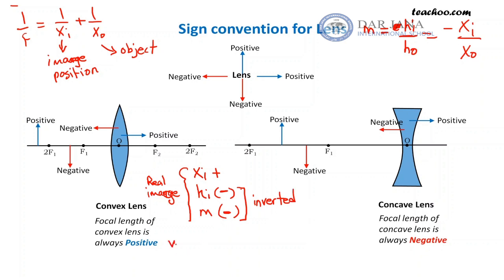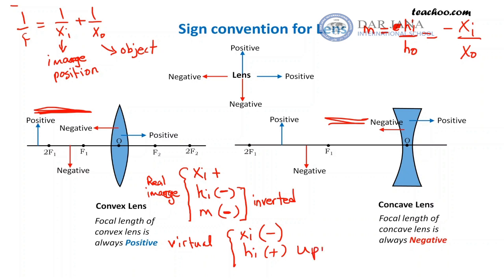Now the virtual image. xi should be negative. Negative means it's on the left side of the lens, here or here. The height of the image is positive. Every virtual image should be upright, same position as the object.